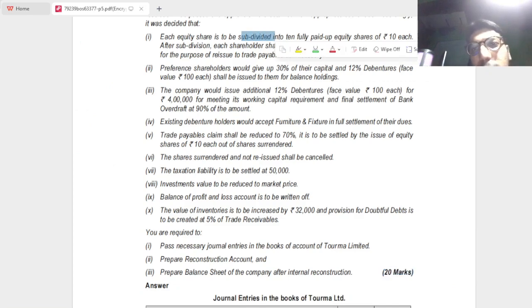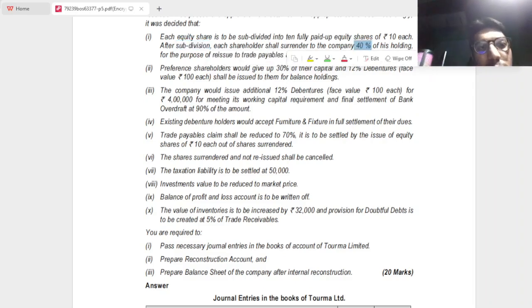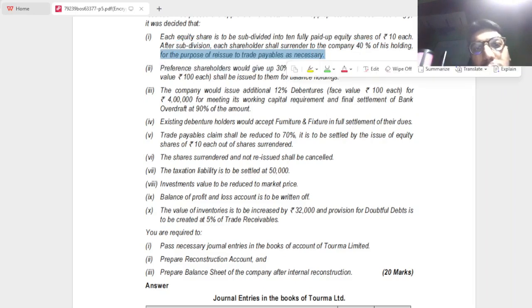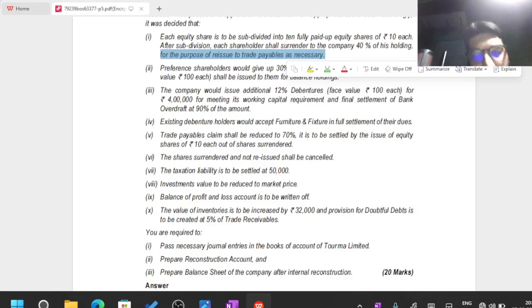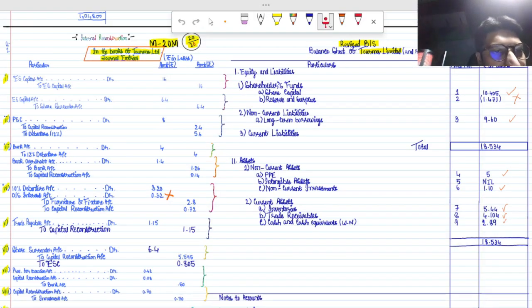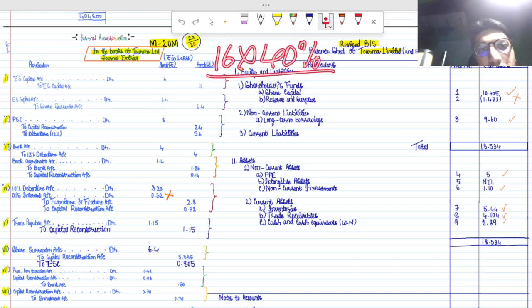After subdivision, each shareholder shall surrender to the company 40% of his holding for the purpose of reissue to trade payables. 40% surrender, 40% of 16 lakh.